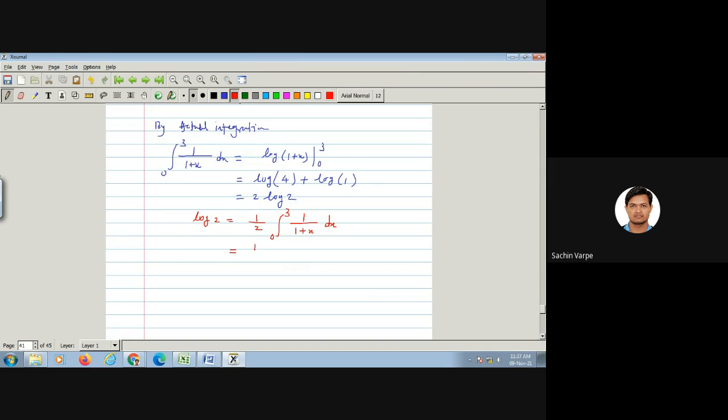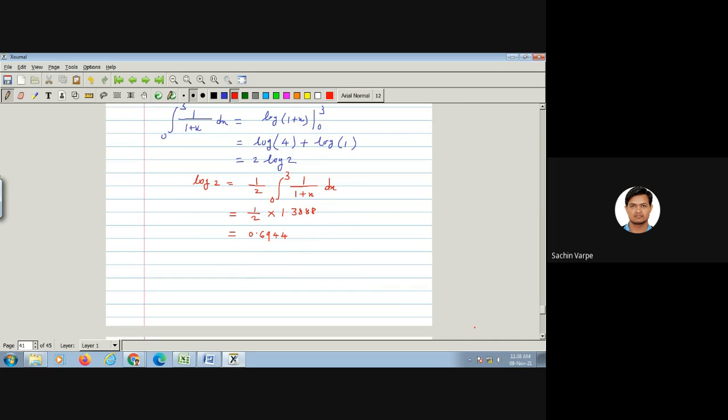So that is equal to 1 by 2 times 1.3888. So the value is 0.6944. You can check on my calculator also, you'll get the same value.